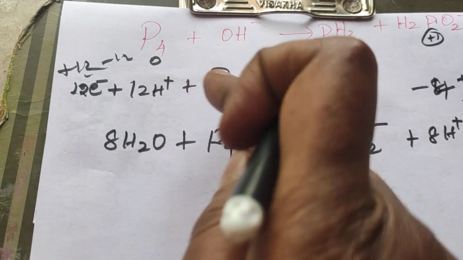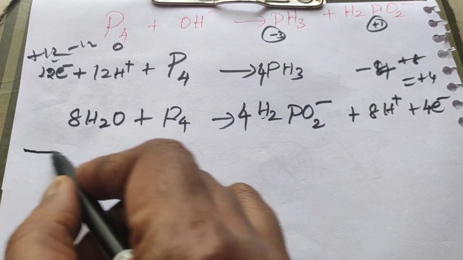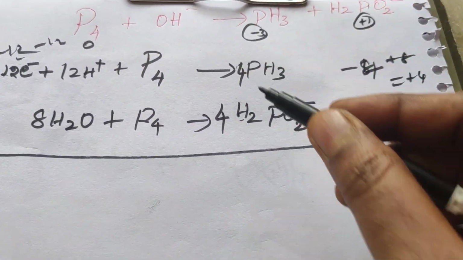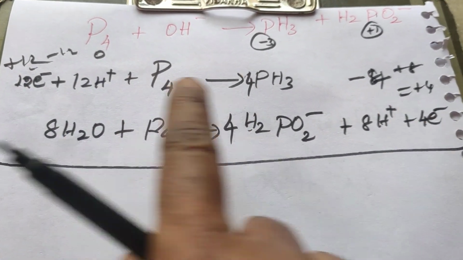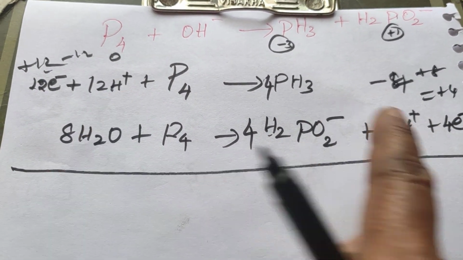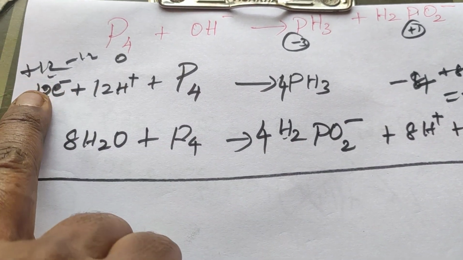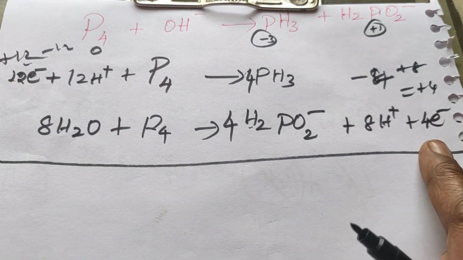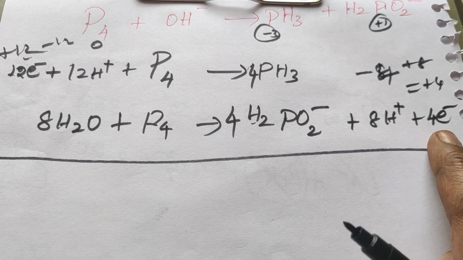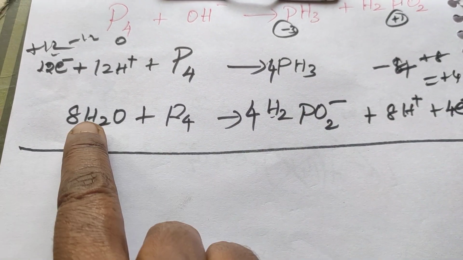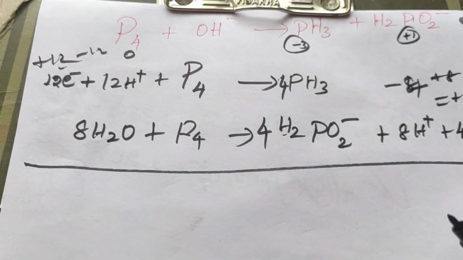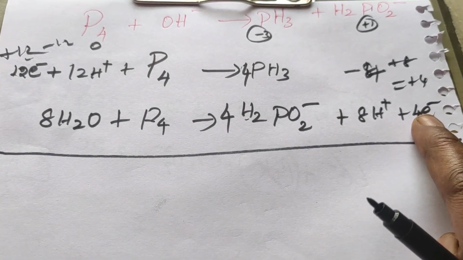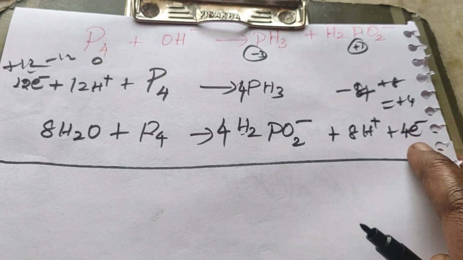Now you compare both the equations. Next step is you have to sum up. Before summing up, the number of electrons should be equal in both the reactions so that they will get cancelled. Here 12 electrons are there in the first equation. In the second equation only 4 electrons. So to make it equal, the second equation entire thing should be multiplied by 3.